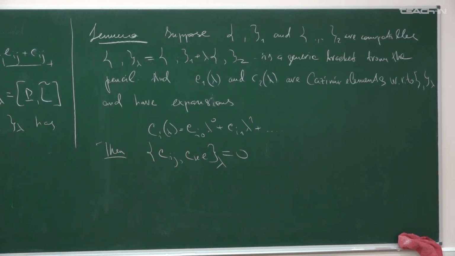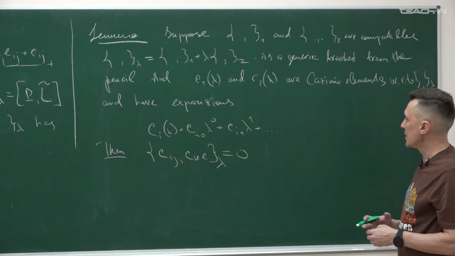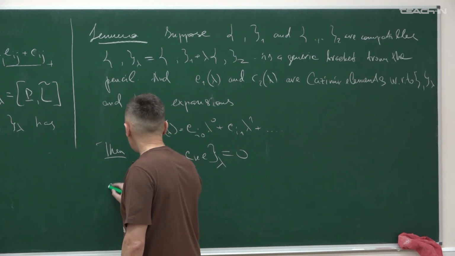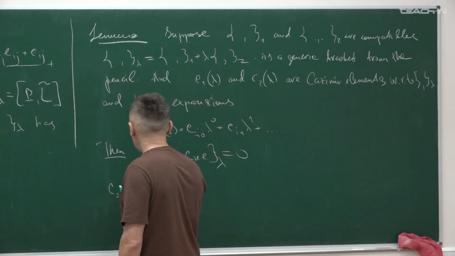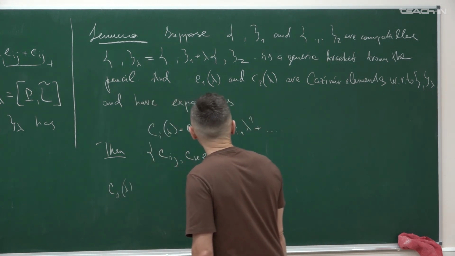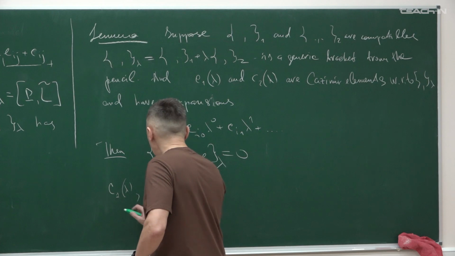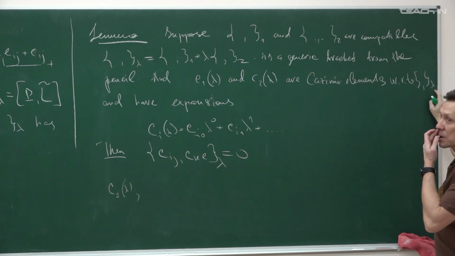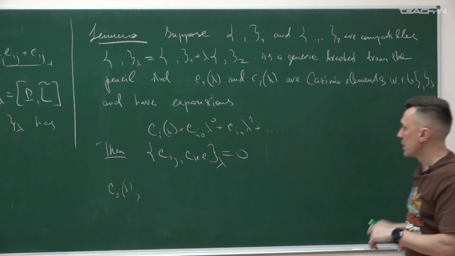So, okay, we'll proceed slowly. Firstly, let me demonstrate this statement. So let C1 of lambda and C2 be Casimir elements for the generic Poisson structure, for the Poisson structure with the index lambda.